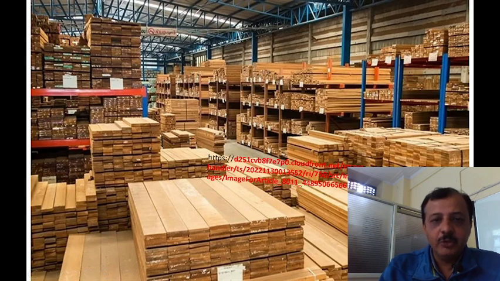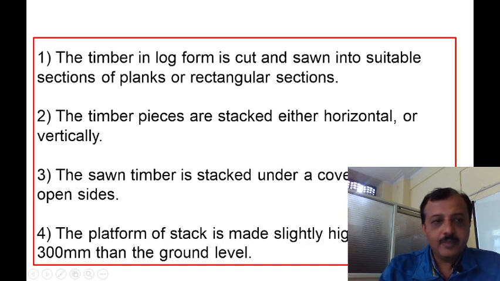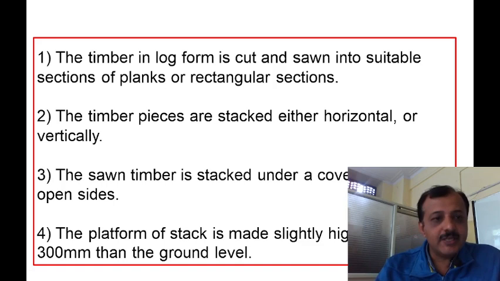This is another view where the timbers are stacked for seasoning. The timber in log form is cut and sawn into suitable sizes, and these sections we call planks or rectangular sections. The timber pieces are stacked either horizontally or vertically. The sawn timber is stacked under a covered shed, as I mentioned earlier.